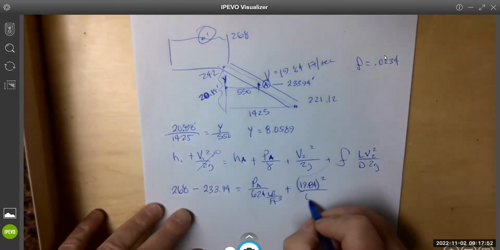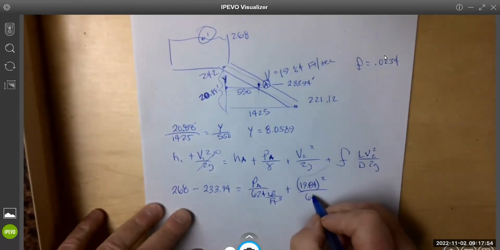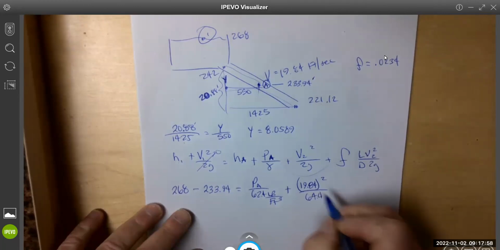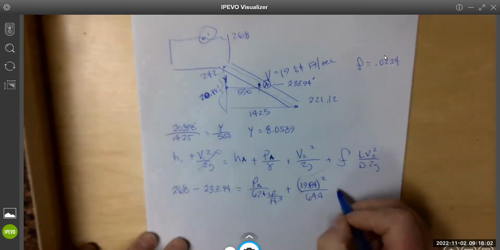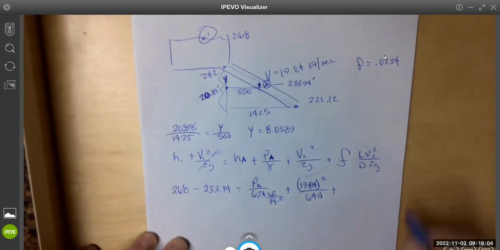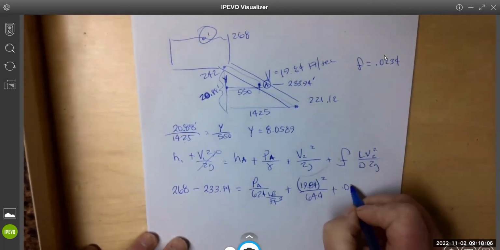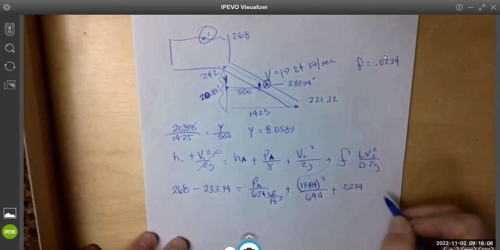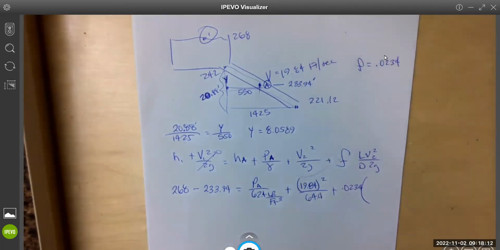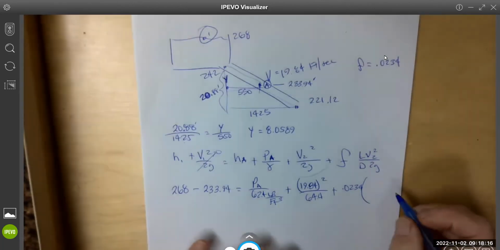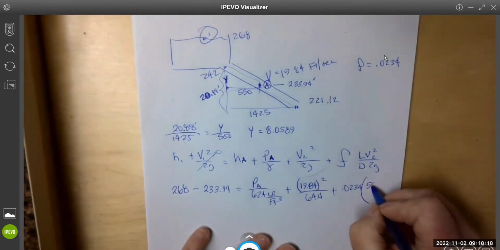Over 2g, which is 64.4, 2 times 32.2. Plus friction factor 0.0234 times our length, which is going to be 550.06. Perfect, because it only drops 8 feet over 550.